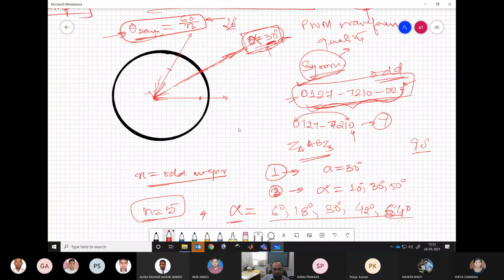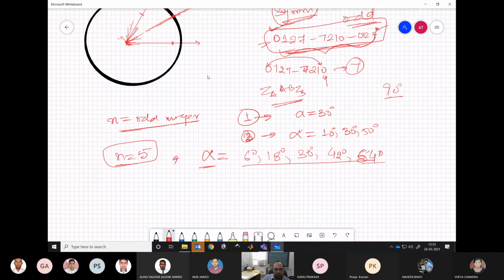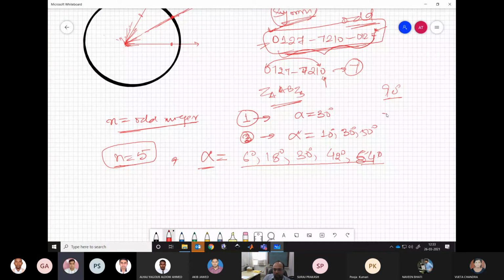Correct? Here, with one sample only, your theta sampling is 60 degree. Here your theta sampling is 20 degree. Here your theta sampling is what? 12 degree.